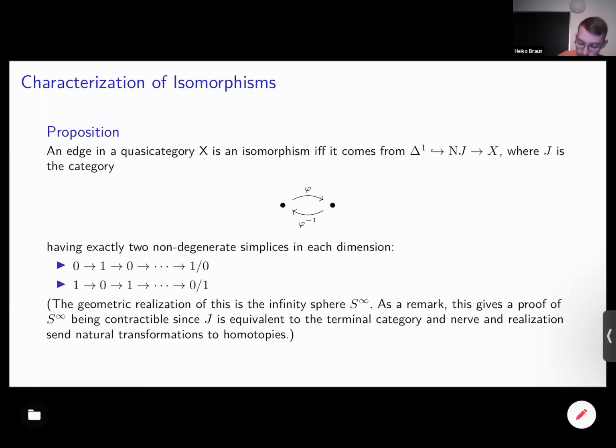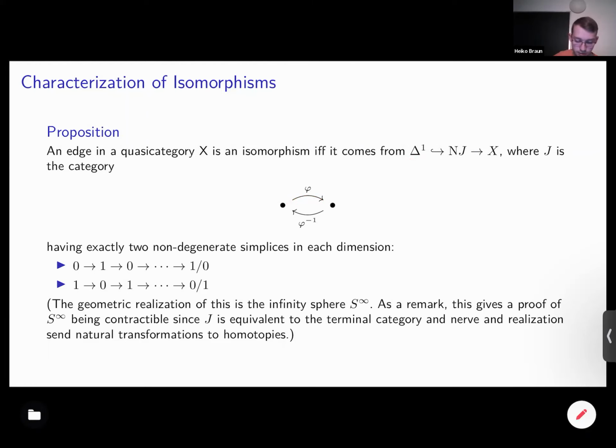So we can look at the nerve of the category J, where J is just this, and we may call it the walking isomorphism, where we have two objects and two morphisms, phi and its inverse. And the edge in the quasi-category is an isomorphism if and only if it comes from a map from N(J), where this delta 1 is included into, well, it's not important in which way we include it, but let's just include it as phi in this picture now.